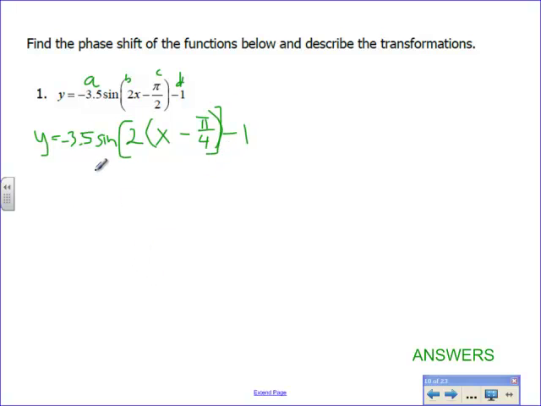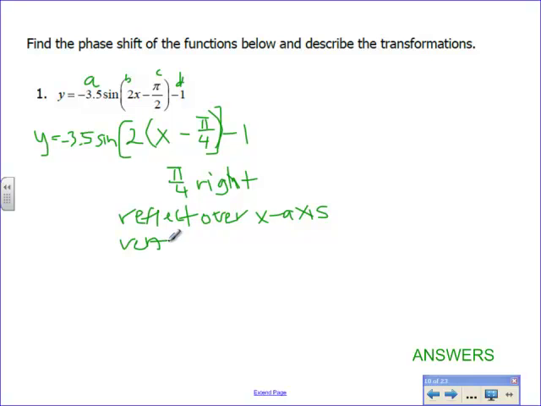Okay, so our phase shift is going to be pi over 4 to the right because of the minus. But that's not the only transformation that we have happening. The negative out front is going to reflect over the x-axis. The 3.5 is going to cause a vertical stretch times 3.5.